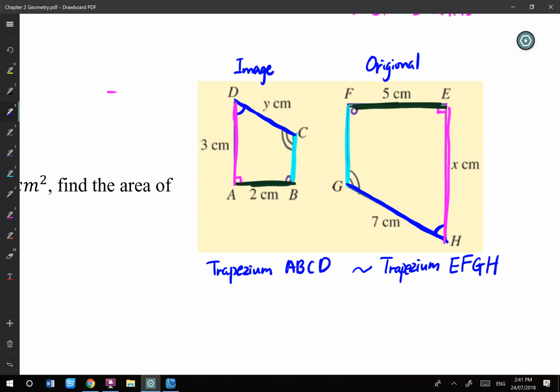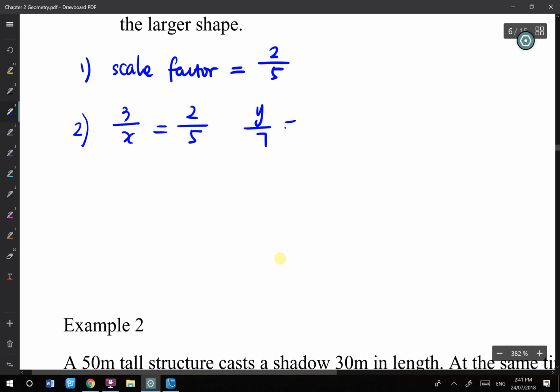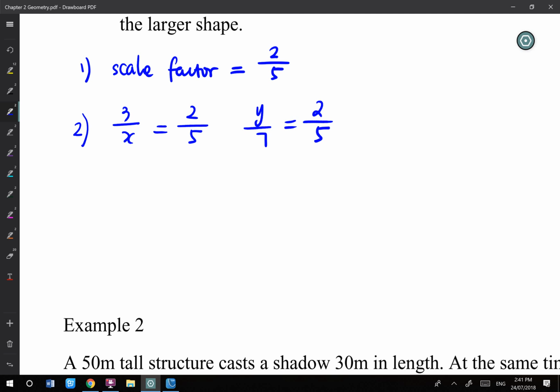And y is the blue side, so y over 7 is the same as 2 over 5. Those are the 2 equations I can set up for similar shapes.